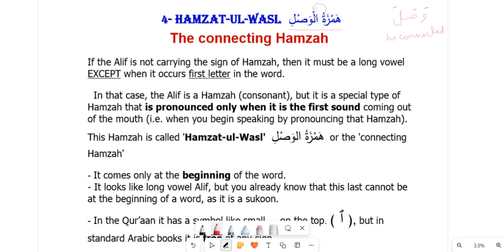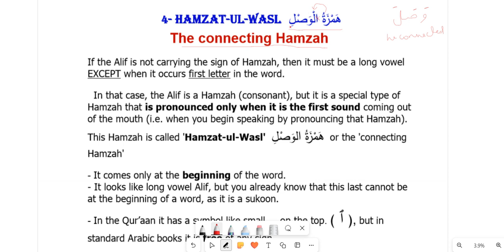I am completely omitting the hamza here, and going straight from ta marbuta to lam with sukun. Hamzatul wasl. That's how we have to omit this hamzatul wasl, and the connection of my sound is why it got the name of connecting hamza.